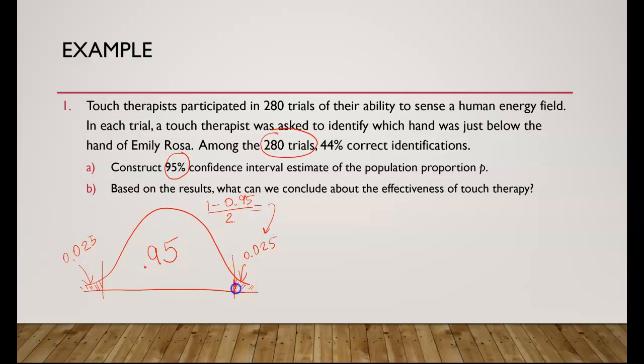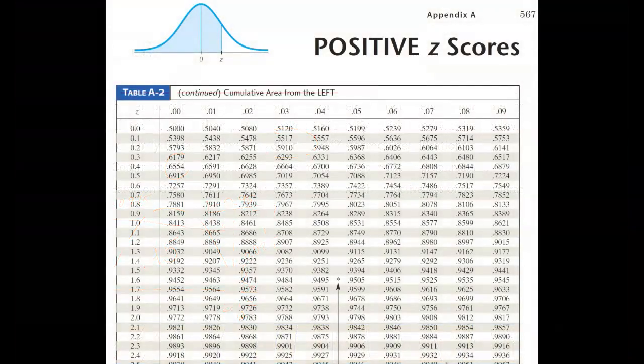So we are looking for the critical value z of alpha over 2 that separates 0.025 area on the right. If you want to use table A2, we will need to find the area to the left of the critical value because remember, table A2 shows areas only to the left of the z-score. The area to the left is 1 minus 0.025 or 0.975. The area of 0.975 will be in the positive z-scores part.